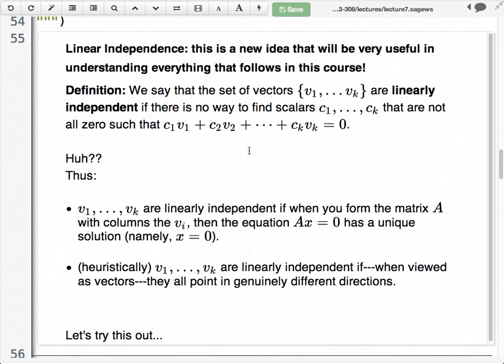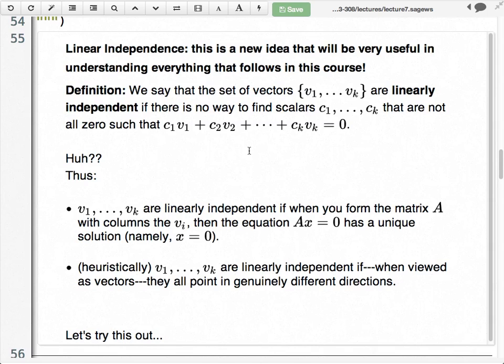Okay, is the set consisting of this one vector linearly independent? Yes. Because, just using the definition, if you have something times that vector equal to 0, the coefficient out front has to be 0. So this is linearly independent.